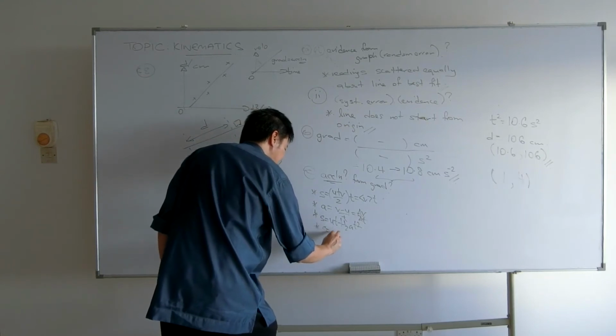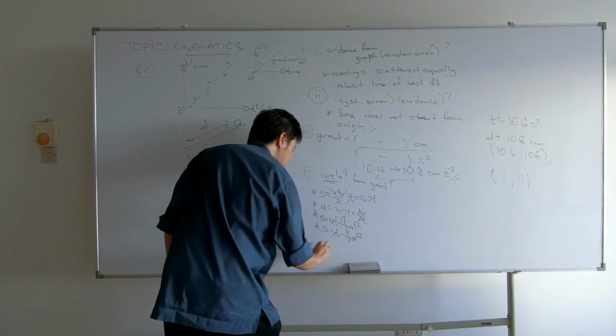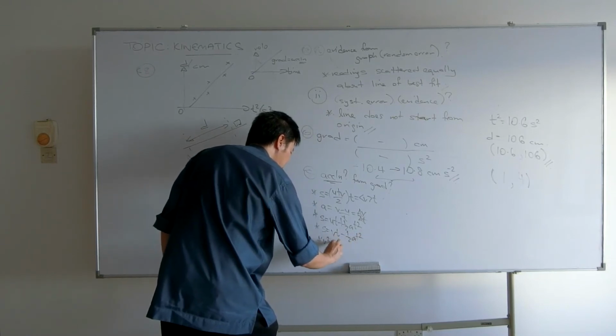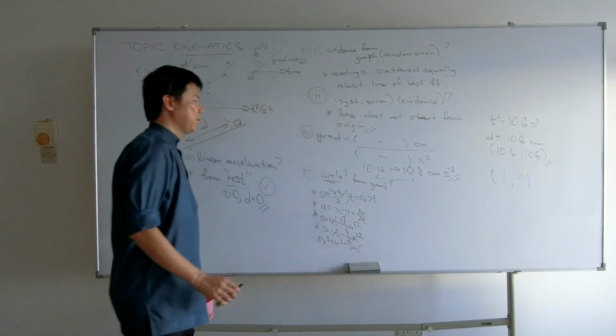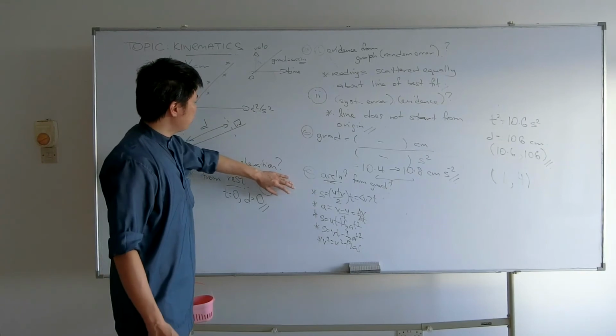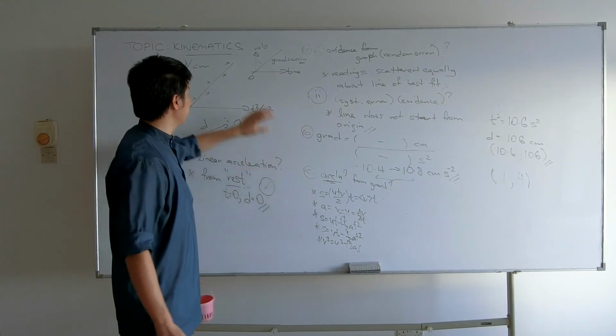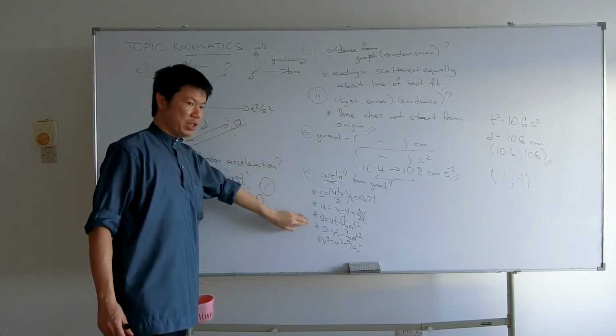You have S equal to VT minus half AT squared. And you have V squared equal to U squared plus 2AS. So I hope you remember that. Sometimes questions will require you to remember the 5 equations of motion because this graph, if you actually think about it, is related to one of the equations here.